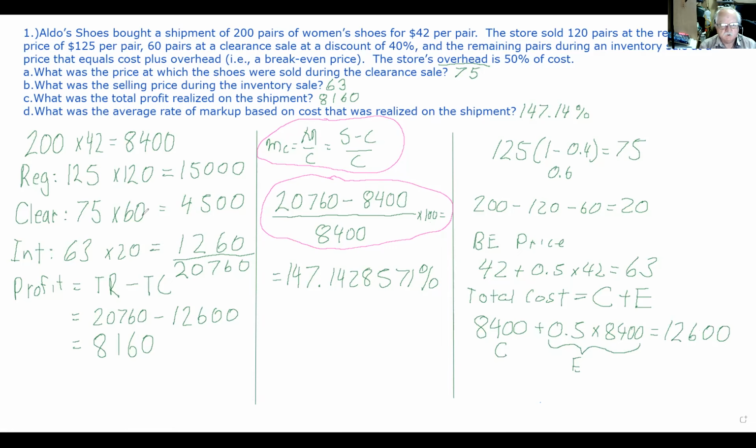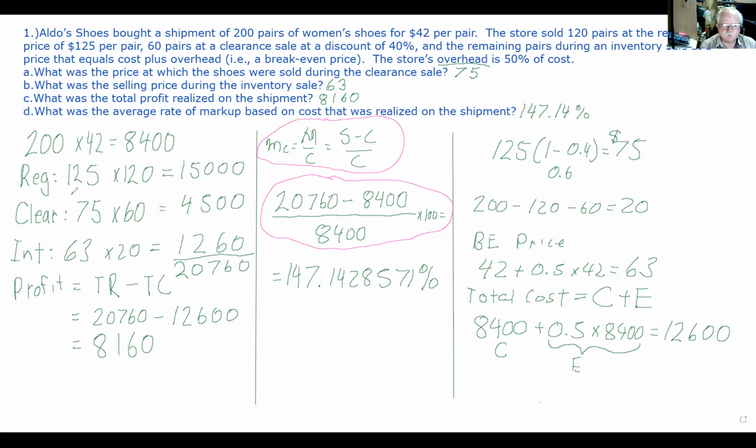75 times 60 equals 4,500. Let's check it. Does it equal it? 75 times 60, yes. What happened here was the 75 was the price.